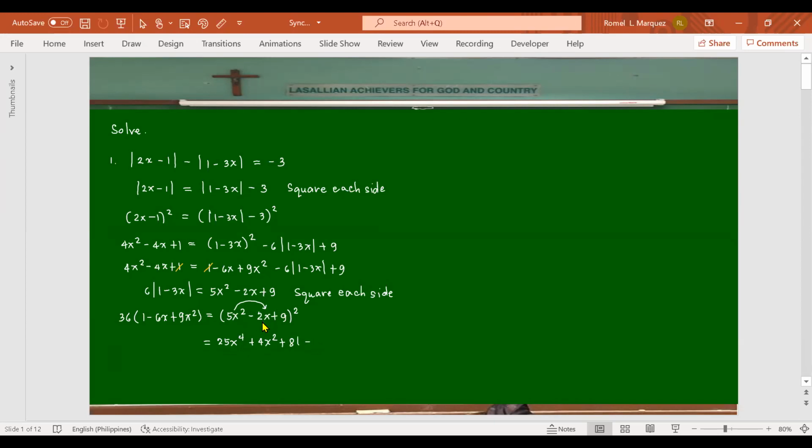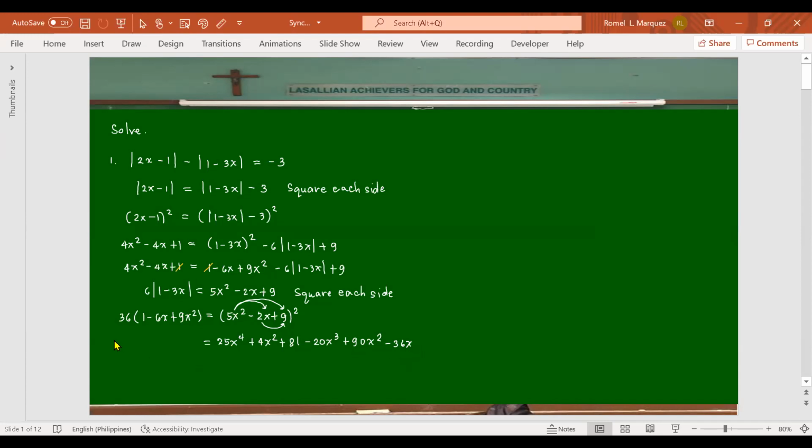Negative 10x cubed, double it, negative 20x cubed. And then this combination, that is 45x squared times 2, 90x squared. We have to double. And then this last combination, negative 18x times 2, negative 36x.